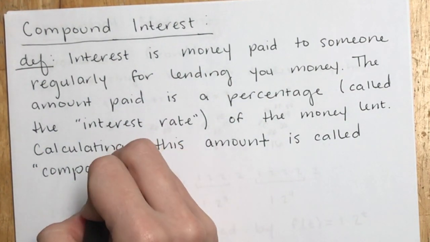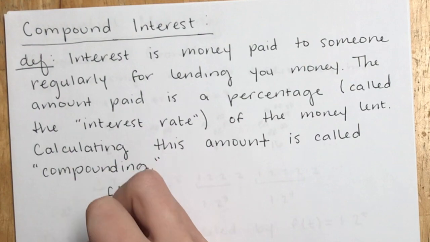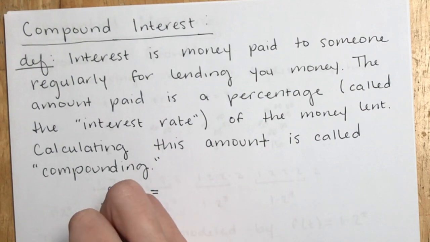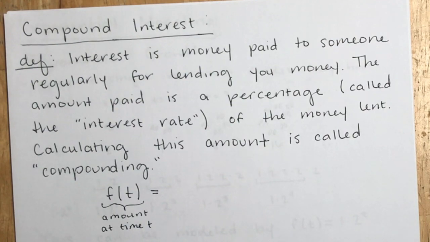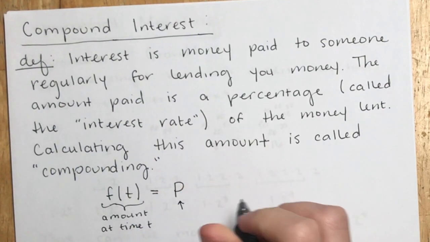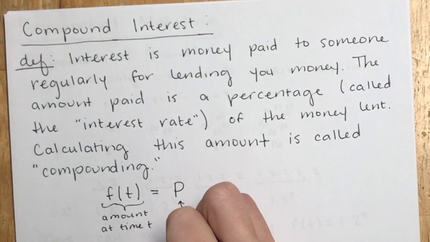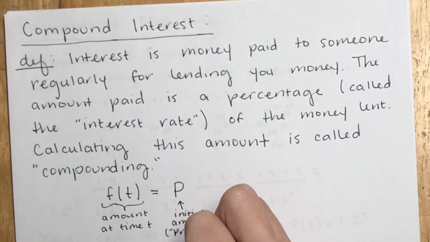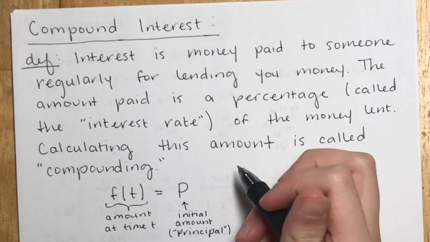Okay, so this one is going to be a bit more complicated than our other formulas. So f of t, or the amount at time t, here, we have p, which is actually our initial amount. WebAssign calls this the principal amount. This is the amount that someone borrows initially.